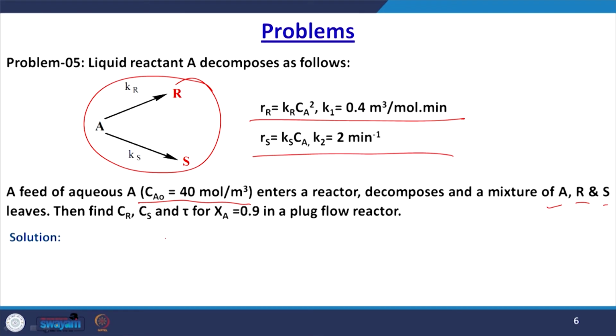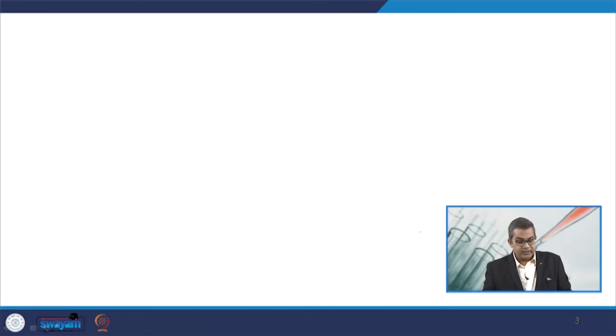Then you need to find CR, CS and tau for XA equal to 0.9 in the plug flow reactor. So let's solve, and it is advisable that every time you solve such a problem, you draw a rough figure.